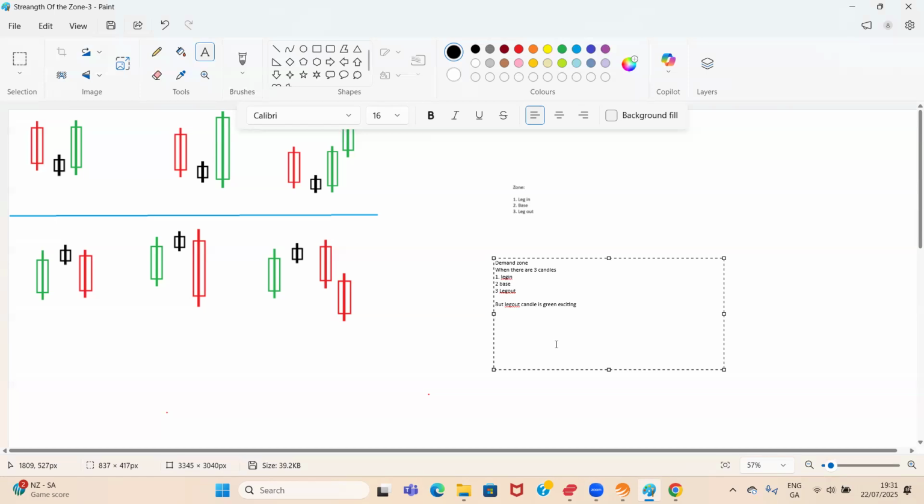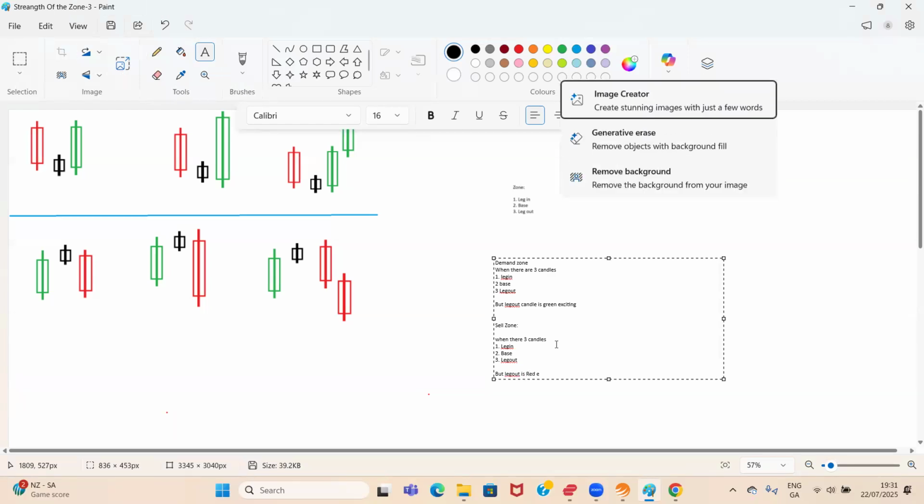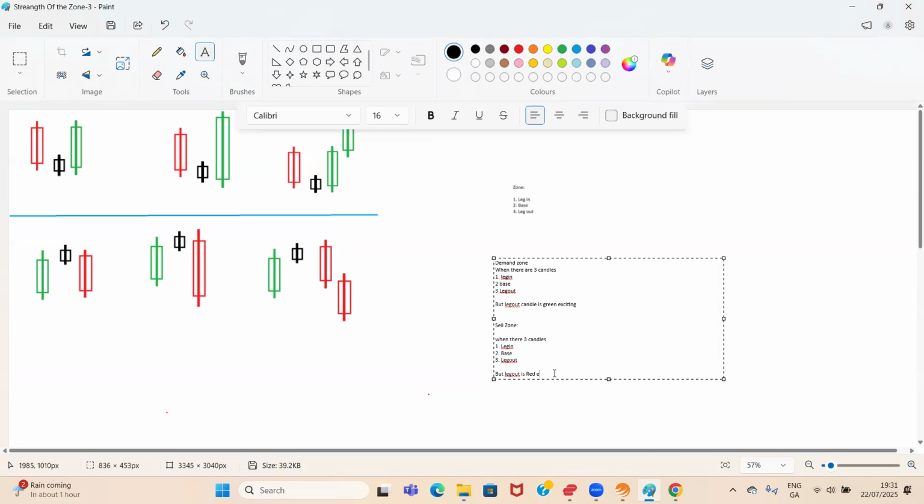Okay. And what is a sell zone? When there are three candles, first is leg in, second is base, third is leg out, but the leg out candle is red, exciting.